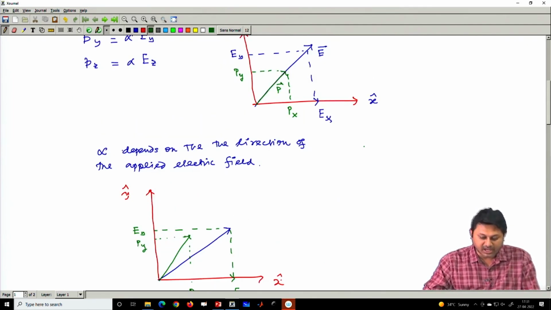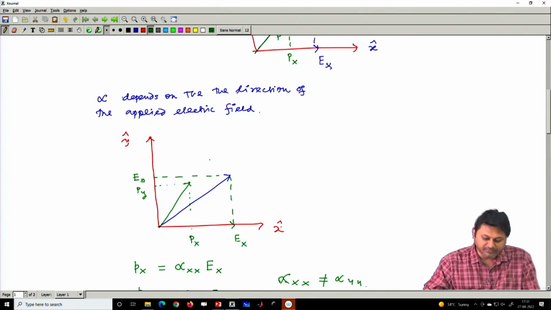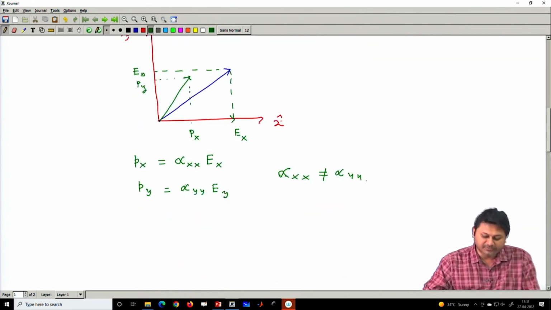So, alpha, which previously was a scalar quantity, now has different components, and that is why it is no longer a scalar. Rather, I should have a tensorial form of alpha.